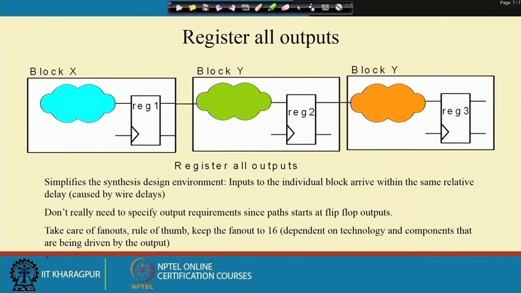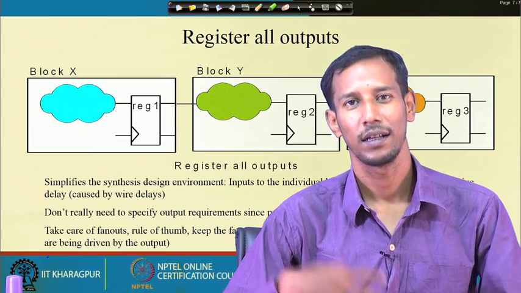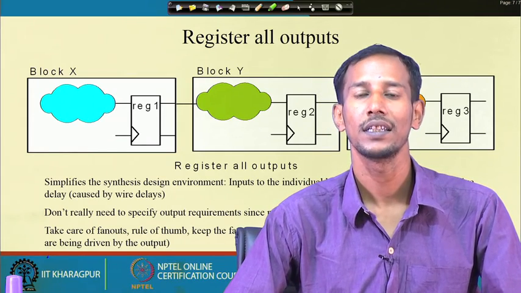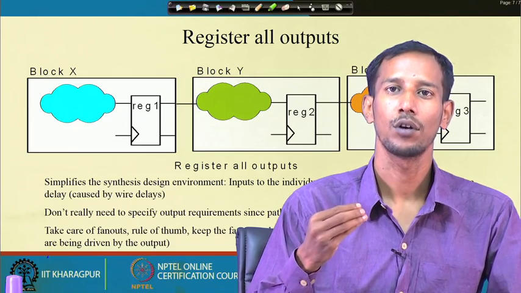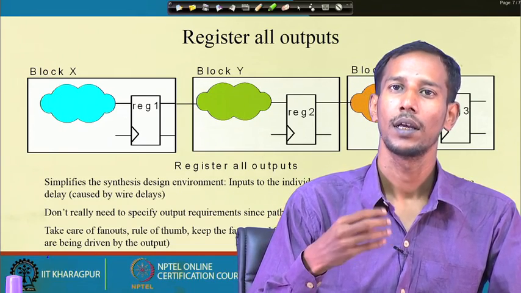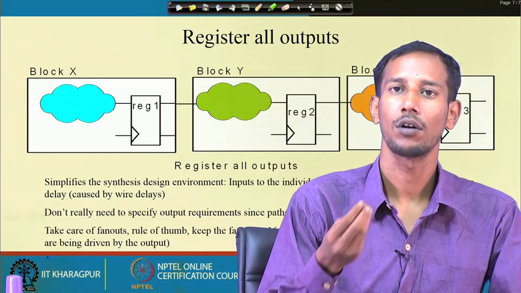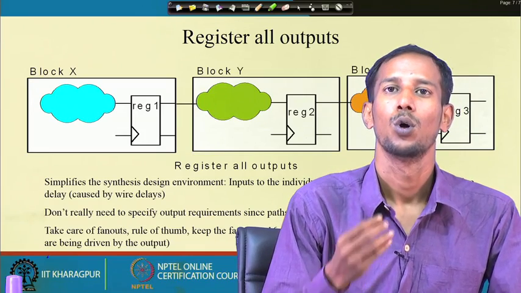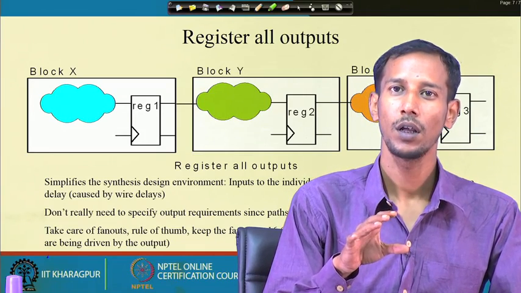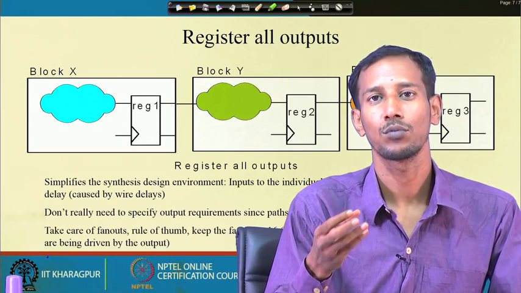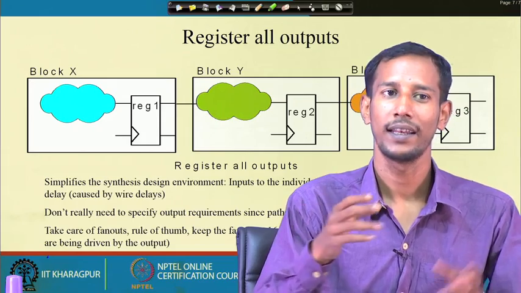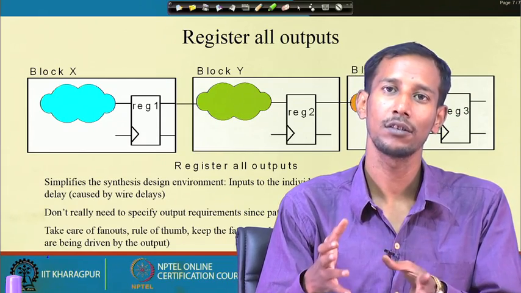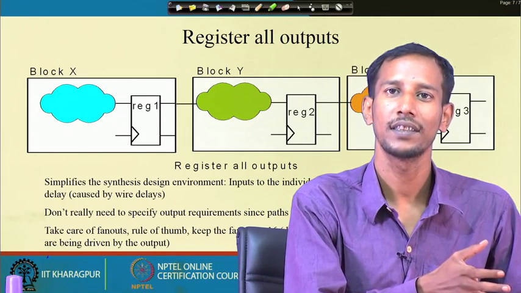For today this is it. In the next lecture we will see some examples of how we can apply tweaks or tricks to meet a specification. Suppose an algorithm has been developed by the designer.